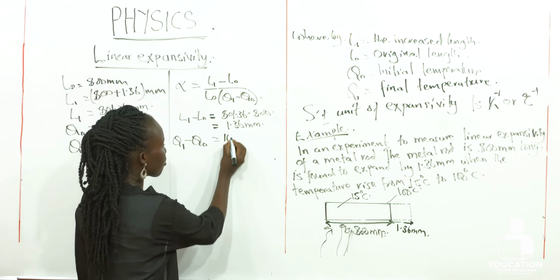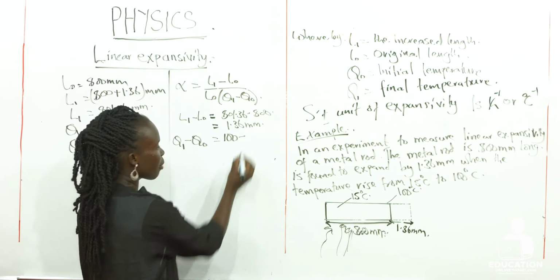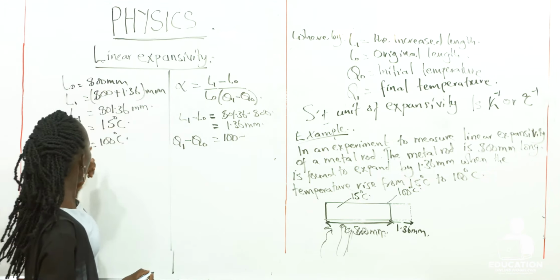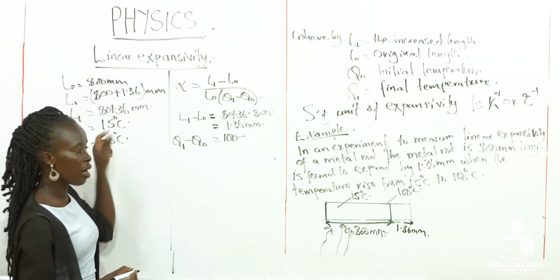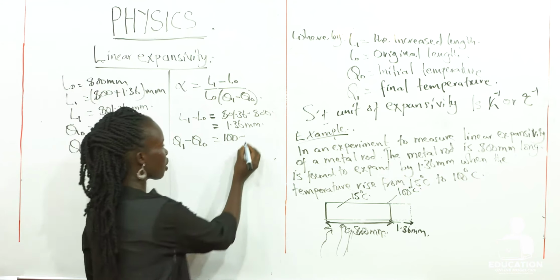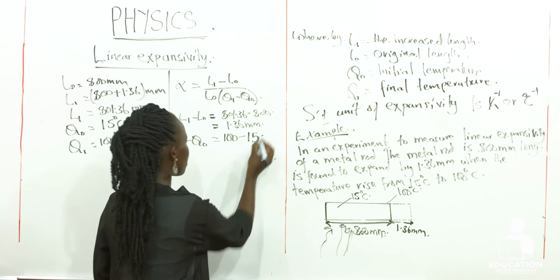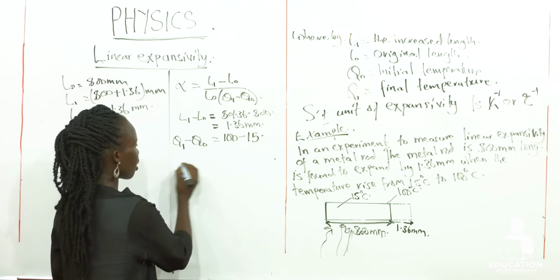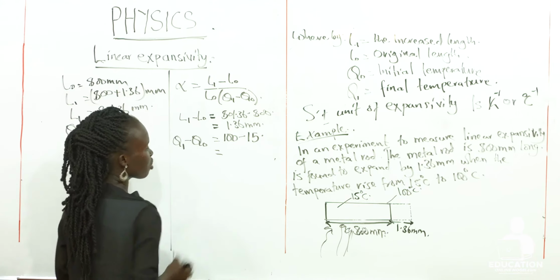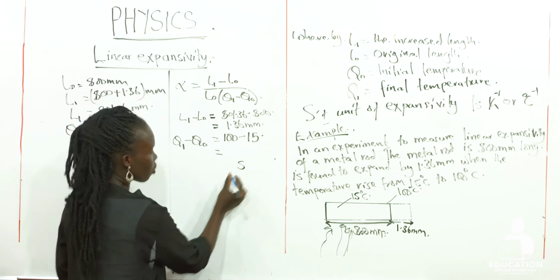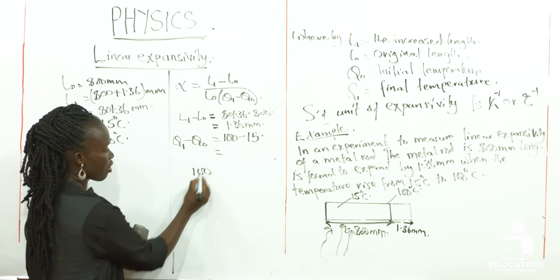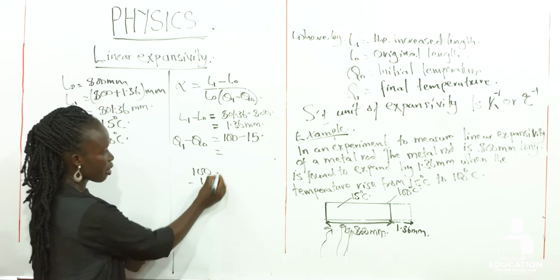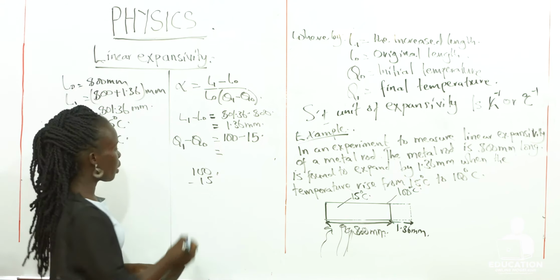So we shall have 100 minus the initial temperature, which is 15. We are subtracting 15 from it. So what do we get?